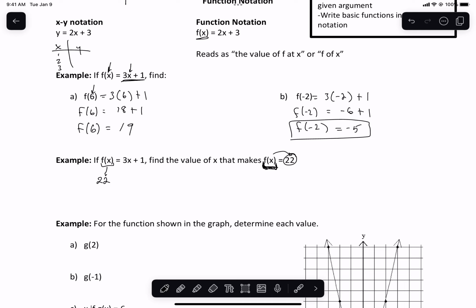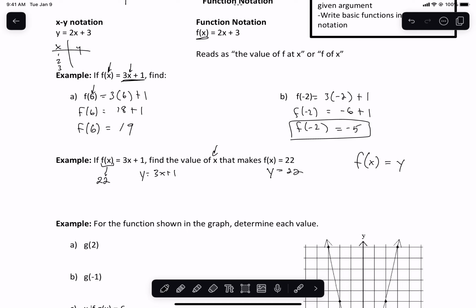Just replace it. And remember, f of x is just a fancy way of writing y. Those two things are interchangeable, right? So for a moment, if I redid this and said y equals 3x plus 1, and I want to know what x is when y is equal to 22, that seems like what you've seen before.